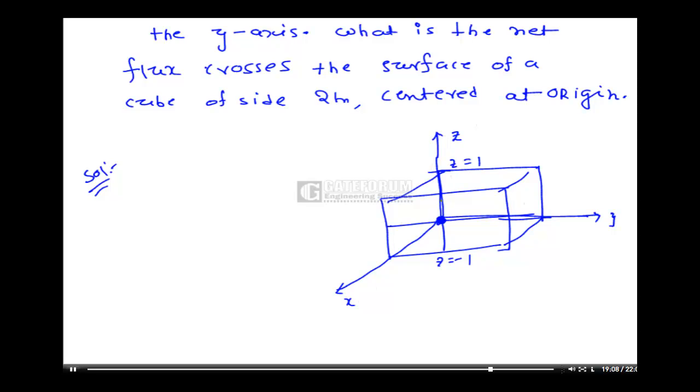So z is equal to minus 0.5 means the sheet is located like this. This is the sheet, so the sheet is within the cube itself.